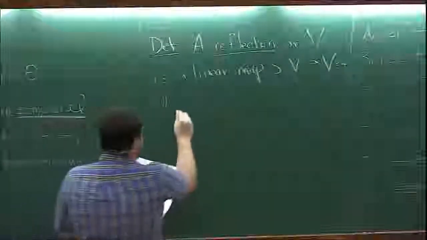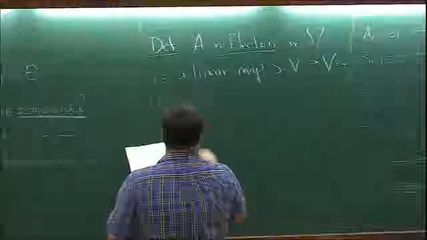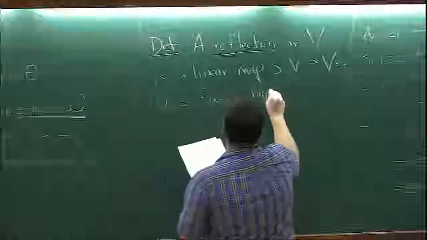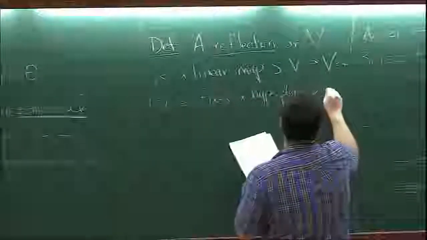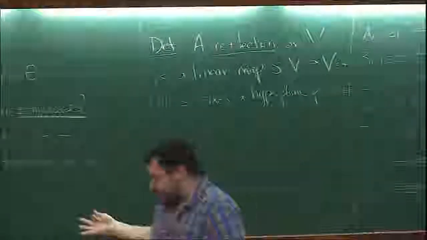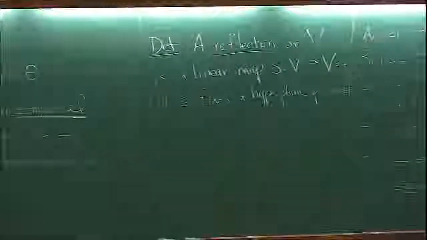So this map should fix a hyperplane pointwise. I'll tell you what this means. S fixes a hyperplane pointwise. So hyperplane just means it's a linear subspace that's one dimension lower than V. So if I'm in R^n, it's an n-1 dimensional subspace.